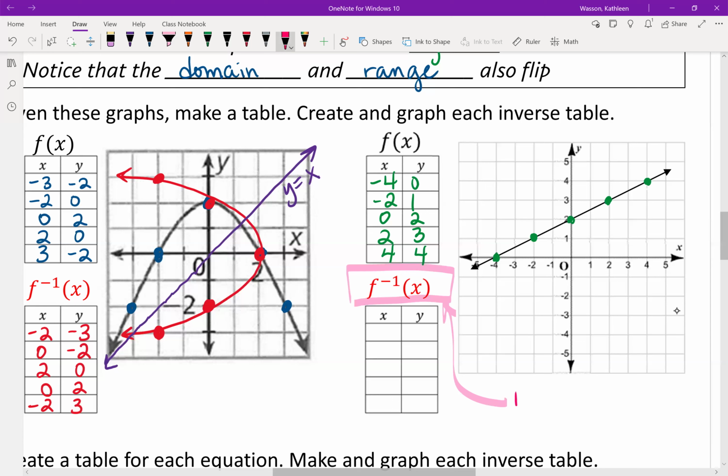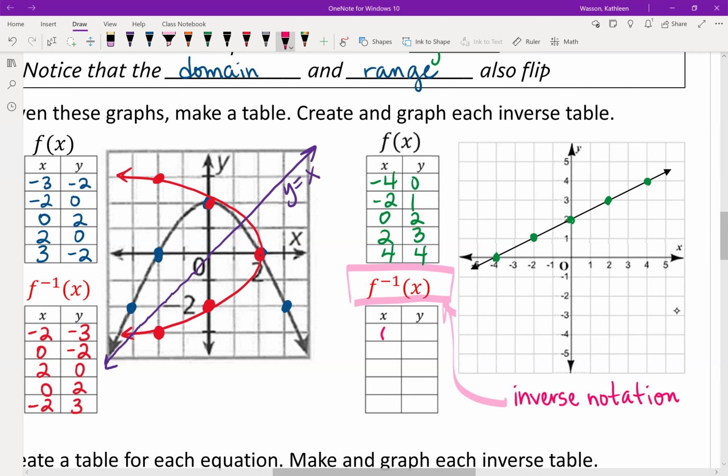This explains how the two sets of points are related. The original is a function, f of x. The inverse is found by exchanging x and y from f of x. So this notation explains how I got the information compared to the original graph.